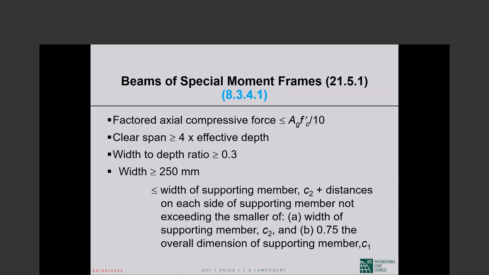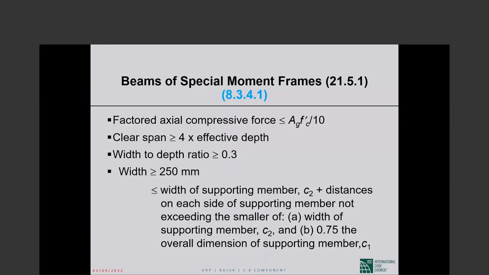When you bring wind or earthquakes into the picture, in let's say earthquakes, then the load combinations that you have to consider are 1.2 dead, 1.6 live, 1.2 dead, 0.5 live, in our case 0.2 snow, and 1.0 E, or 0.9 dead plus 1.0 E. Those are your load combinations.